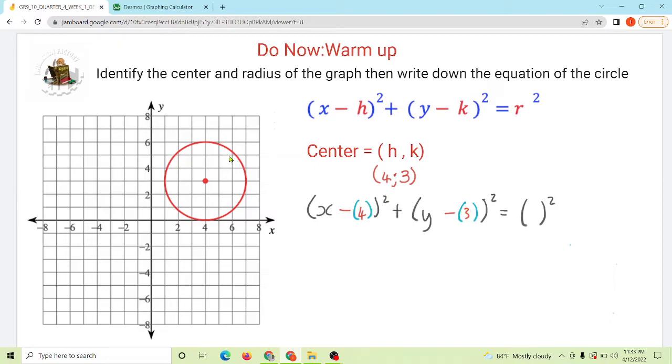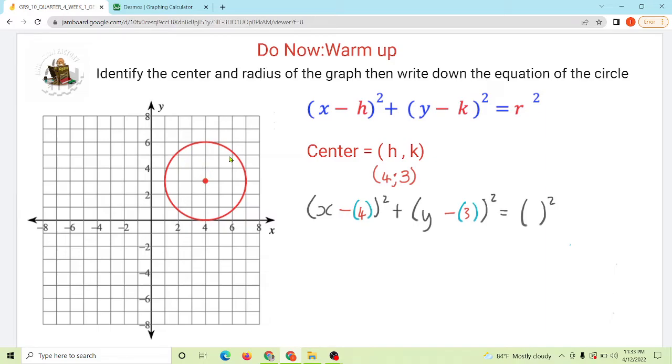And my radius, now the radius is from the center to the circumference. Right. And you can see clearly here that we're moving from the center 3 blocks, 1, 2, 3. So the radius is 3. Right. Do you always have to go this way? No. You can go up, you can go left, you can go down, you can go in any direction as long as you go from the center, if this is the center, and this is clearly the center, right?